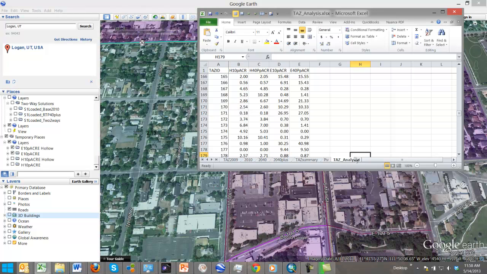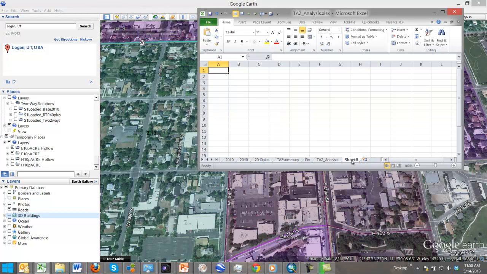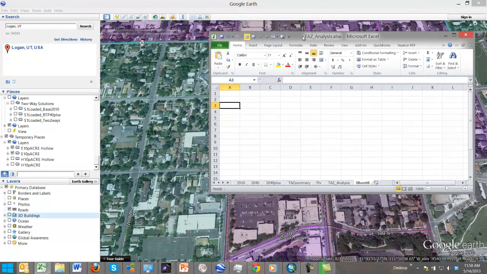I'm going to create a new spot, and I want to guess at the floor area ratio.